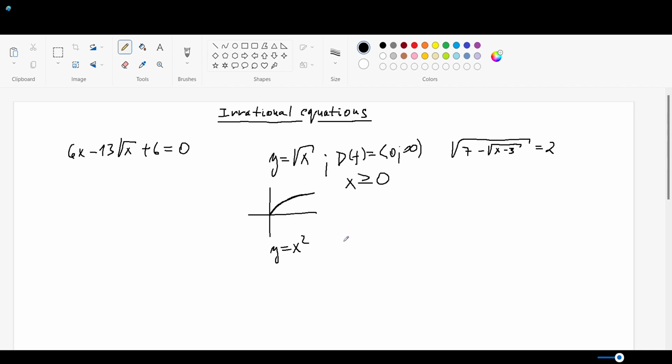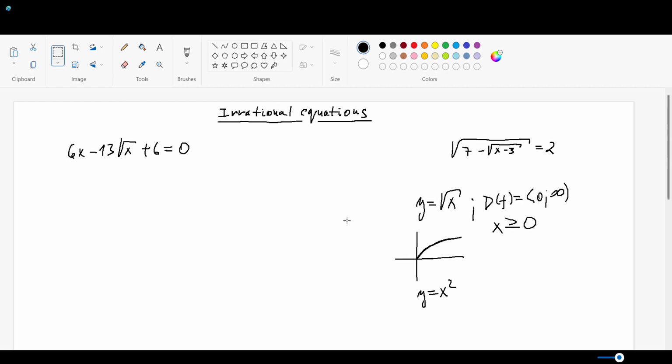This is the explanation of how and why the inequality comes here. I will leave it here for a while. So you should really think about that x must be greater or equal to 0. This is the condition. Now let's go back to the equation.